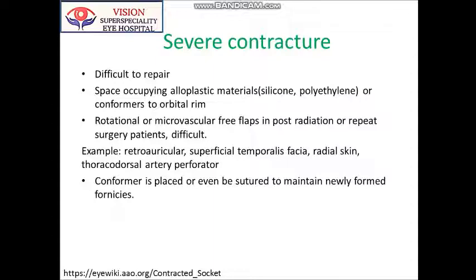Also, rotational or microvascular free flaps from a variety of locations like retroauricular, superficial temporalis fascia, radial skin, thoracodorsal artery perforator can be used to revascularize the damaged conjunctiva, most importantly in post-radiation or repeat surgery patients, but are difficult to perform. Conformers are usually placed at the time of surgery and may even be sutured in to ensure separation of the posterior lamella of the eyelid from the conjunctival surface and maintain the newly formed fornices. The conformer may be left in for extended periods of time to prevent recontracture of the socket.